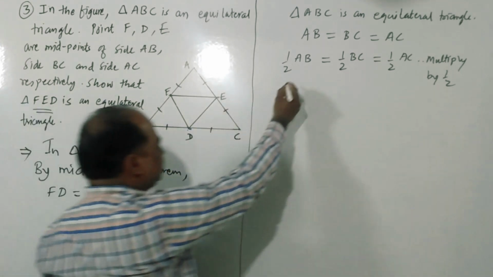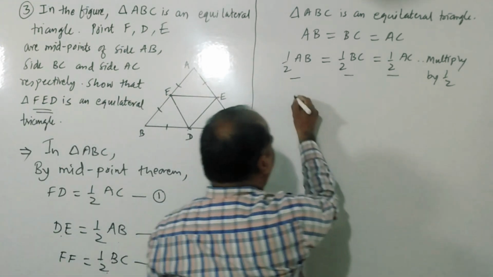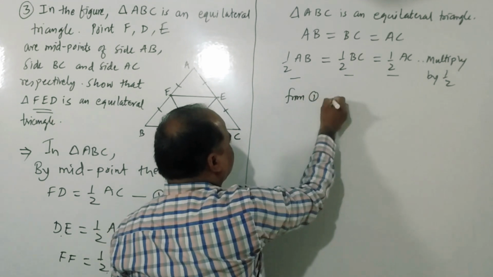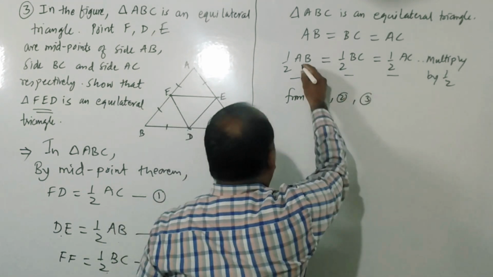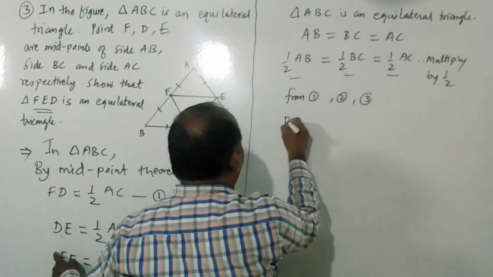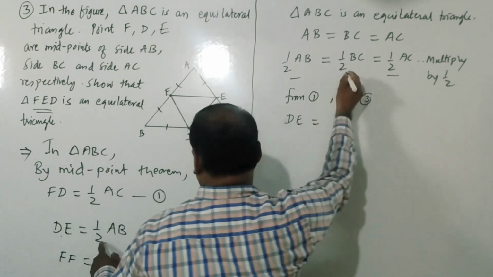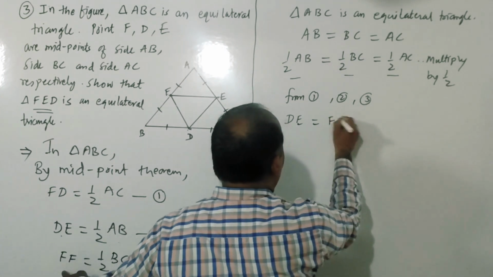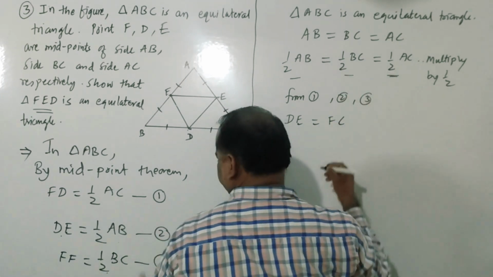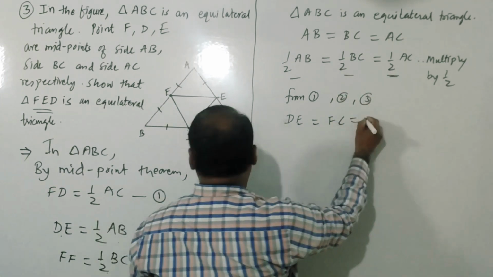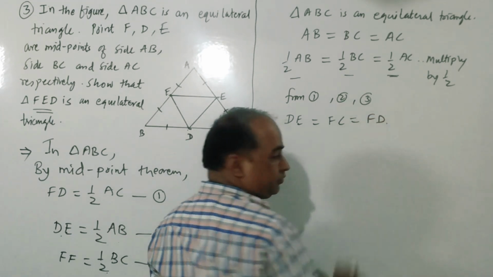So we can replace these terms from the first, second and third statements. 1 upon 2 AB is equal to DE, 1 upon 2 BC is equal to FE and 1 upon 2 AC is equal to FD.